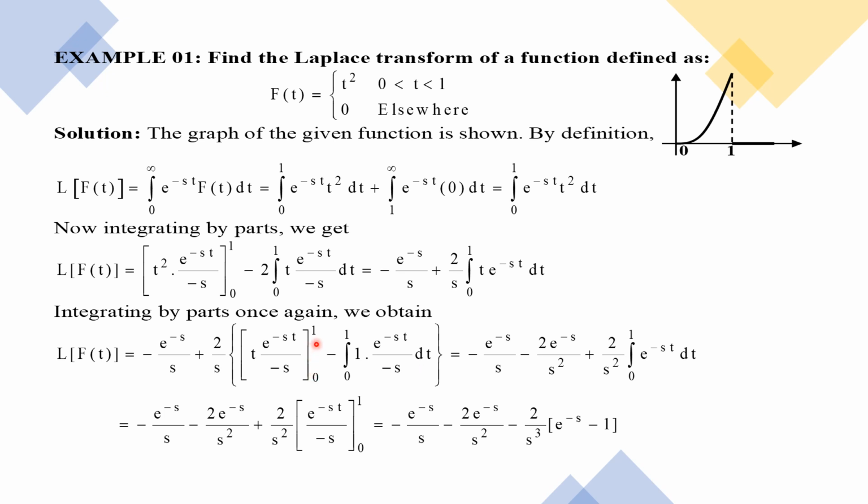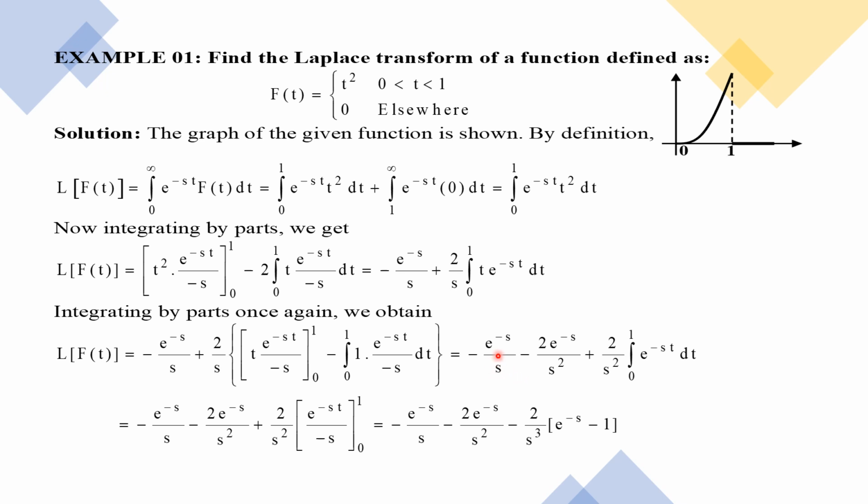If we apply the upper limit in this term, 1, we have again 2 by s, e power minus s over minus s, so minus 2 e power minus s over s into s, s square. Minus into minus gives plus, and 2 over s, if you multiply with this s, so 2 over s square, integral 0 to 1 e power minus st.